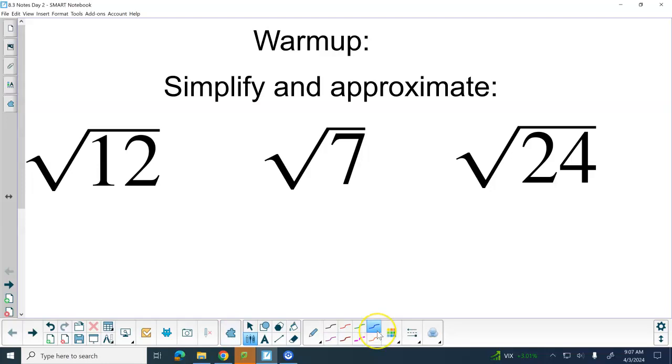So what perfect square factors are there of 12? 4 and 3, right? So it's 4 times 3. So this is the square root of 4 times the square root of 3, which would be then 2 square roots of 3. So 2 square roots of 3 would be the simplified form, and you would use the simplified form in points.